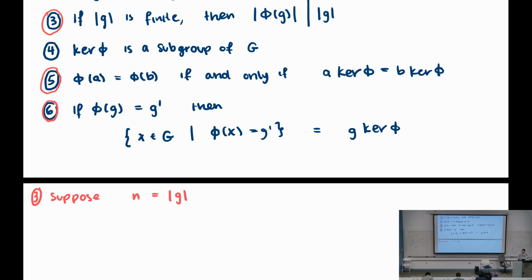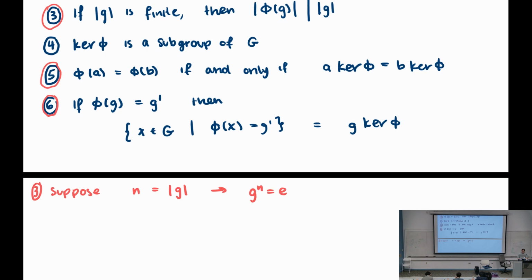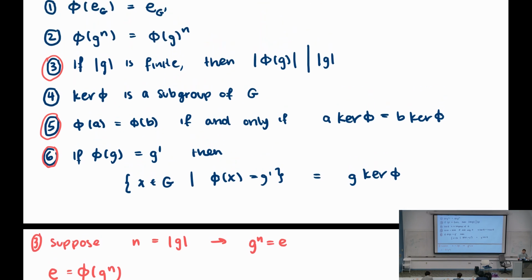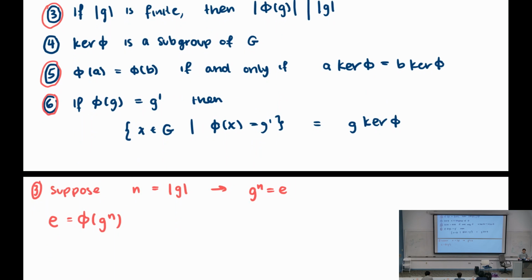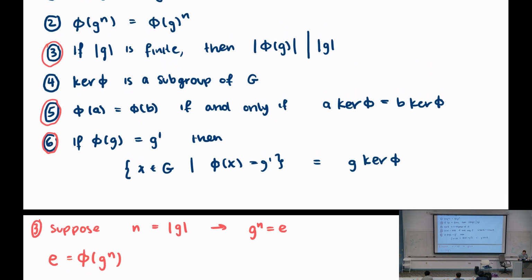That means that g to the n is equal to the identity. Then phi of g to the n, well, this is also equal to the identity by the first property.